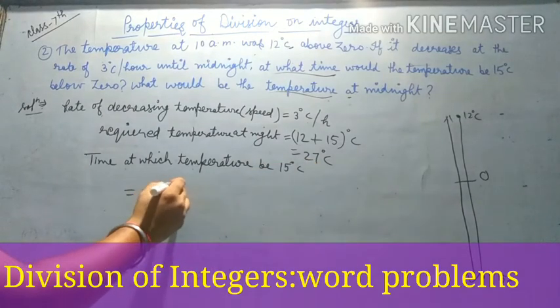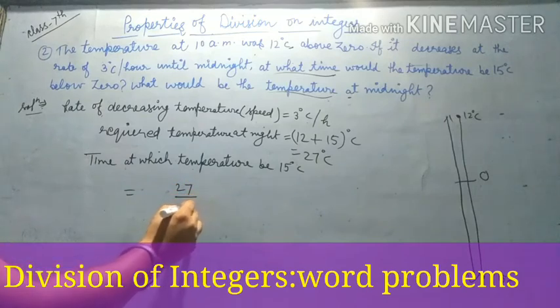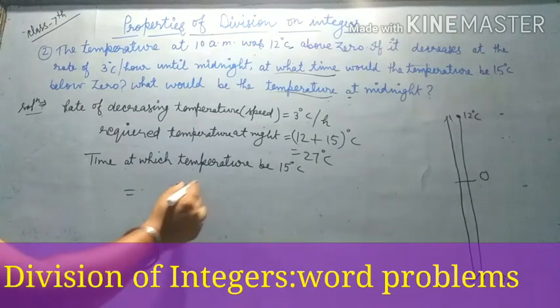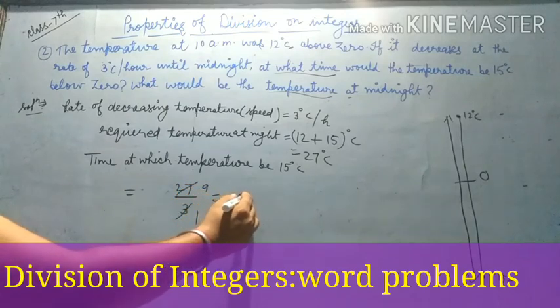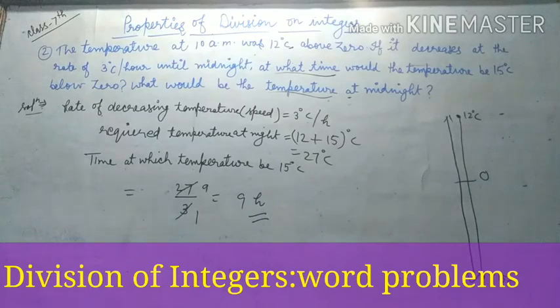Time equals 27 upon 3. 3 ones are 3, 3 nines are 27, means 9 hours. It will take 9 hours to reach minus 15. Okay.